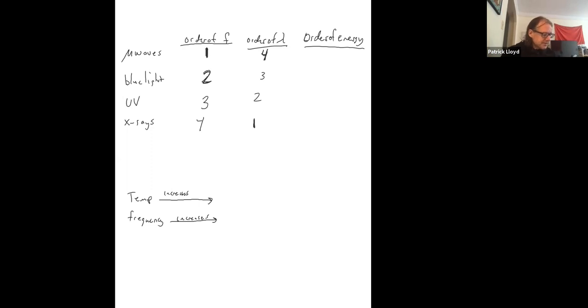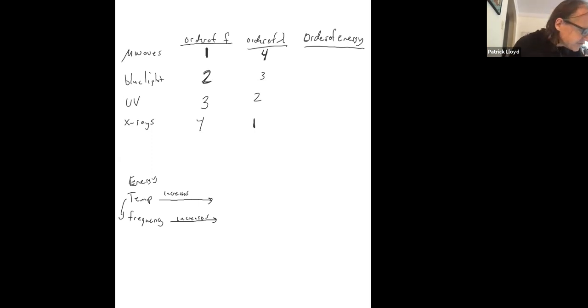So the temperature or energy, okay, temperature is a measure of energy, are directly related to the frequency. Not directly proportional, take that back. They're directly related. So as the temperature goes up, the frequency goes up and vice versa.